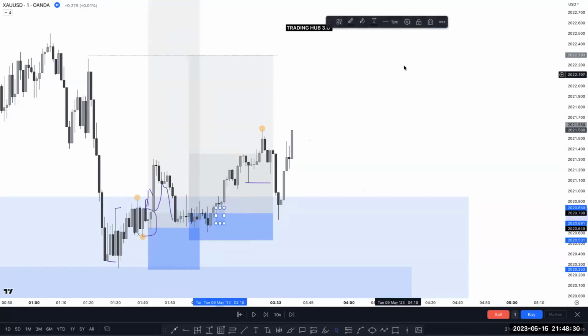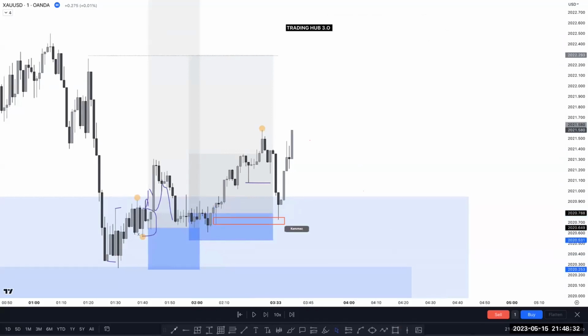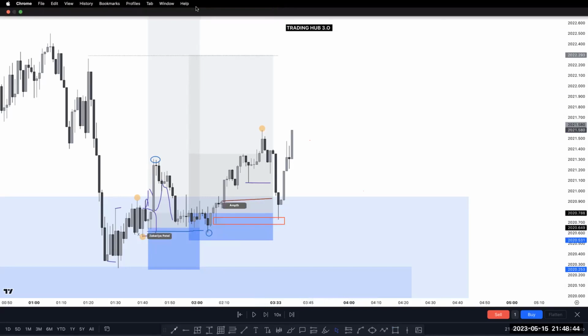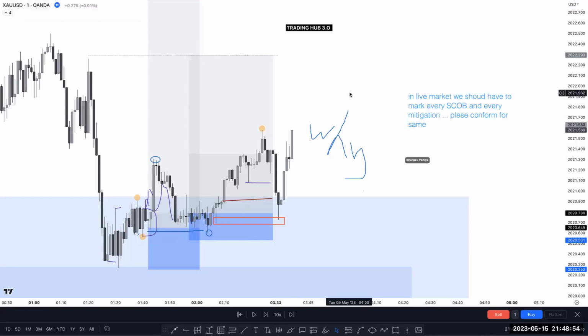Okay, this one is mitigated, so it's not clear here. In a live market, we have to mark every single order block, every mitigation.